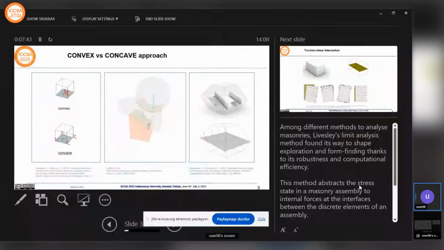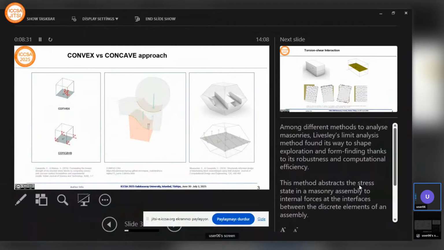And then the other one, which is actually the work which I've done before, also follows the same concept, and tries to find the concave method, in which not only you can find the internal forces at interfaces, but also you can find the internal forces at what we call the interfaces, which means that we don't consider the blocks to be completely rigid, but we can also include the possibility of fracture inside the blocks, which is very important and fundamental when we are talking about interlocking concave assemblies.